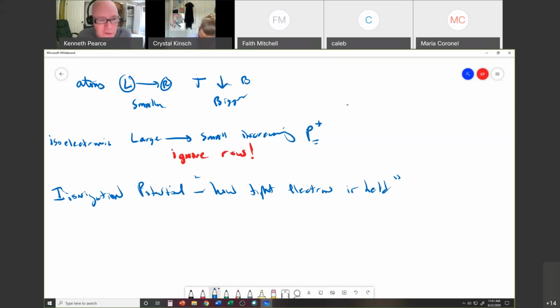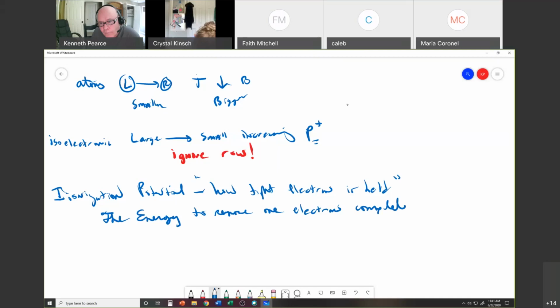And the technical definition is the energy to remove one electron completely. That's the technical definition. Okay, so you have an atom, you yank the electron off completely.